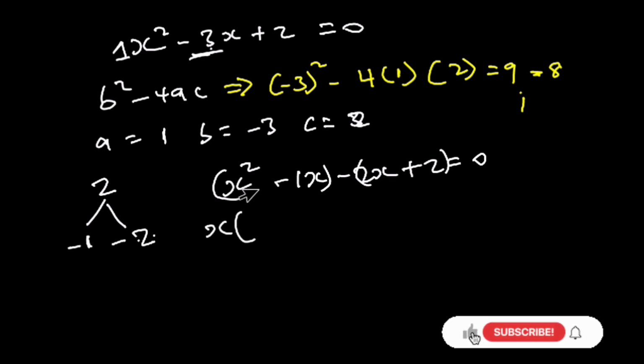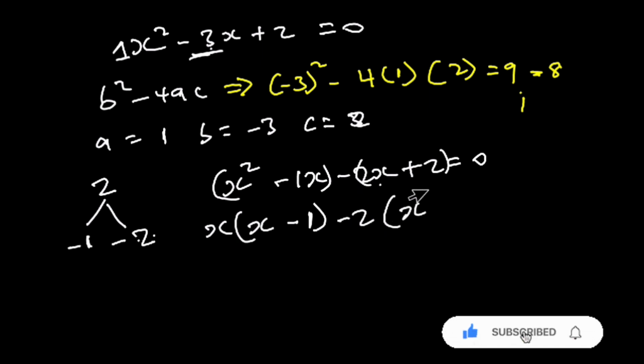So what is common here is x. x squared divided by x is x, then minus 1x divided by x is 1. Then the common number between 2x and 2 is 2. So we write negative 2 here. Then negative 2x divided by negative 2 is x. Then 2 divided by negative 2 is negative 1. Then all is equal to 0.